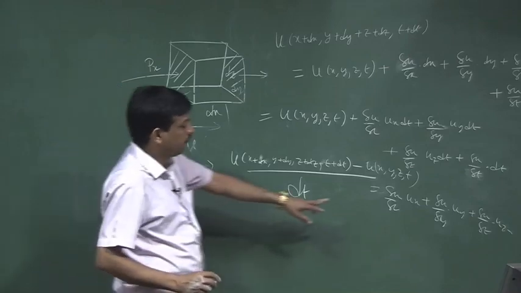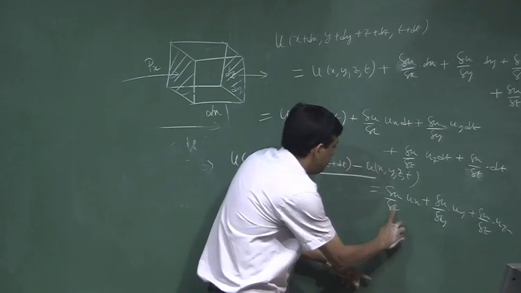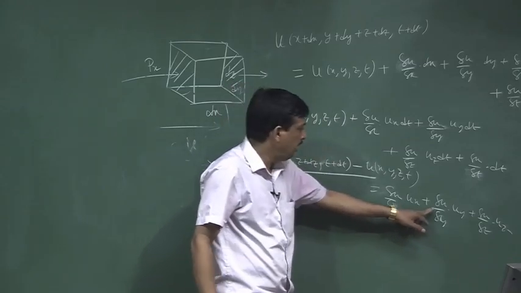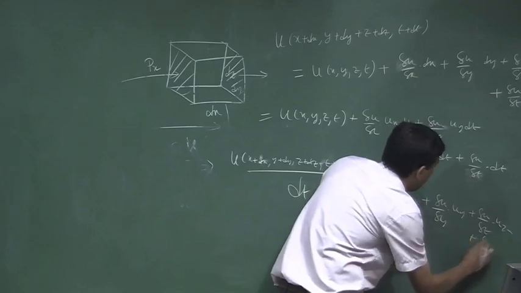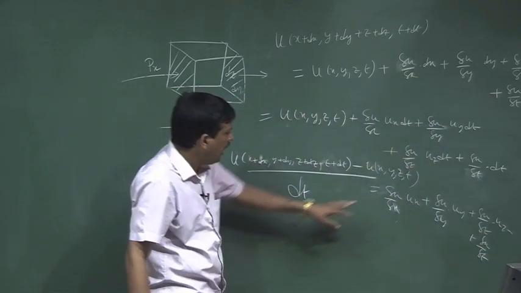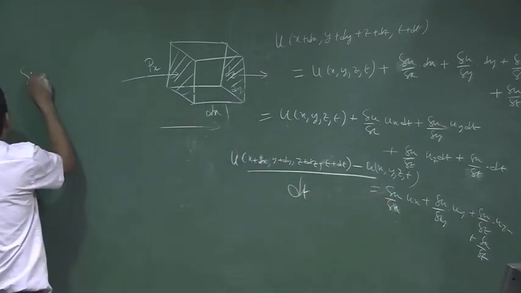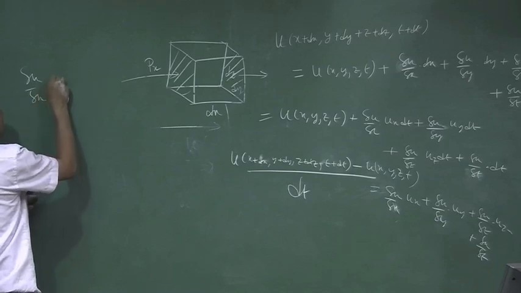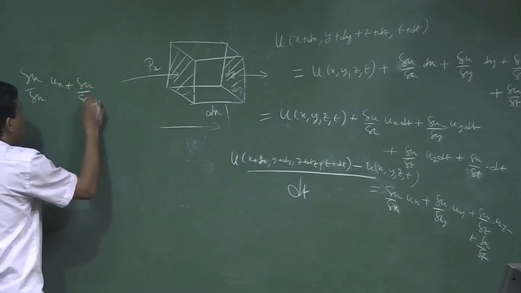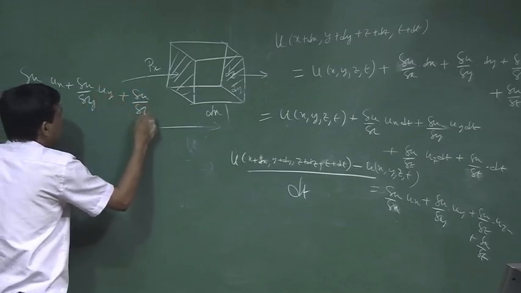In that case, what is this? Del u by del x ux, plus del u by del t, that term will be there. So now I just deal with this term. I am writing del u by del x into ux plus del u by del y into uy plus del u by del z into uz.